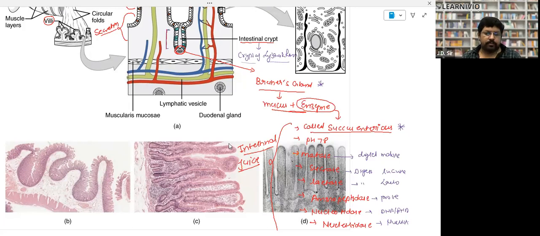Full stop. Next point: Brunner's gland secretes mucus plus intestinal juice. Full stop.